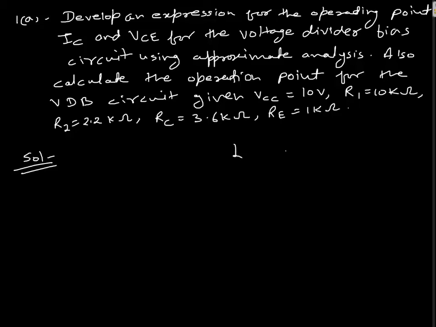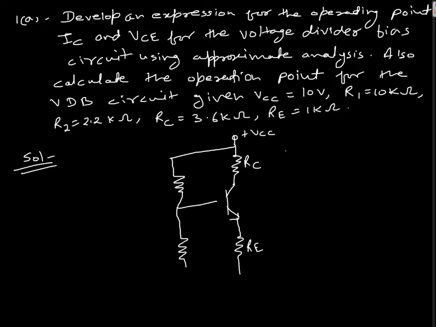So we have RC here, then NPN BJT, RE, this is RC, this is RE, and this is plus VCC. From here, two voltage divider resistors, R1 and R2.